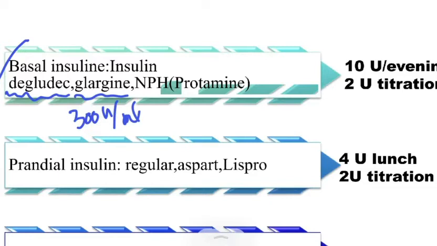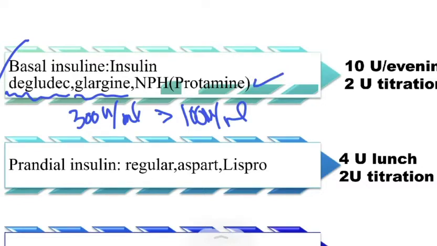This is better than glargine 100 units per 1 ml. The 300 formula will lead to less hypoglycemia and more durable effect than the 100 unit per ml. Followed by the protamine insulin.